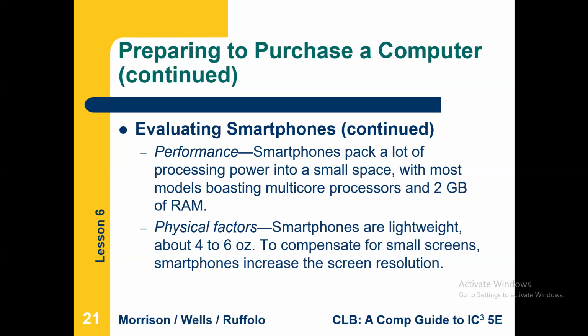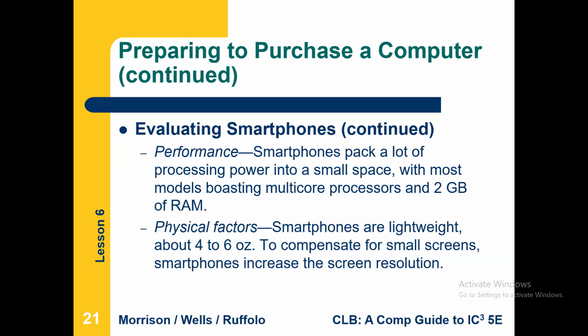There are even some new phones that are coming with RAM of 32 gigabytes. So you could see that some of the smartphones now have higher memory, the RAM, as compared to some of the tablets and the laptops that we have.